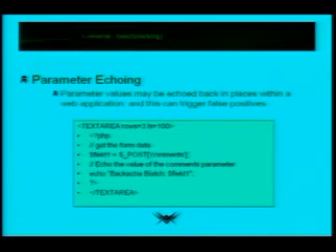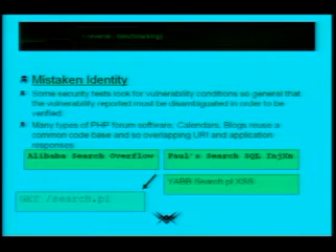So parameter echoing, this will give you just one example. If you were creating your little sample application, sticking something like this in there and then a page behind it with some common strings would give you an example of just how susceptible some of these technologies are.